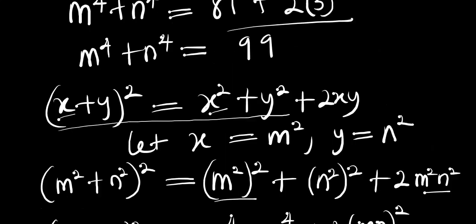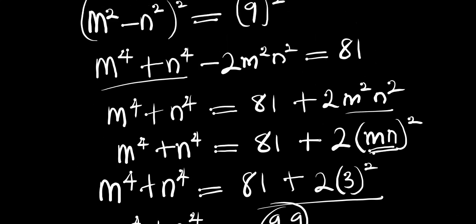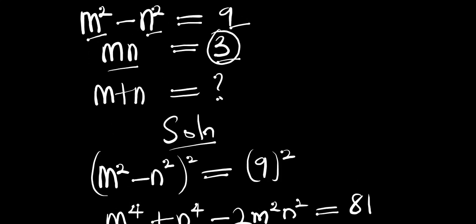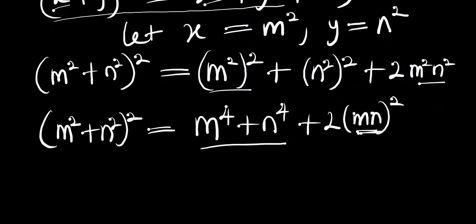Now let's get back to what we have. Recall we have m power 4 plus n power 4 equals 99, and also m times n equals 3. So let's fix that in here.